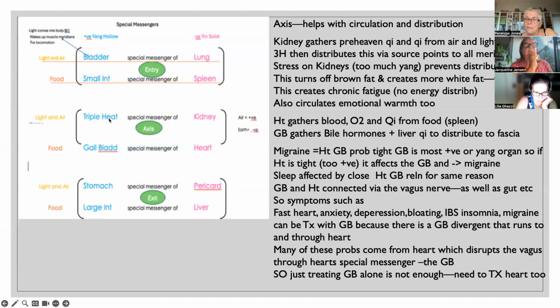Yes, that was the pain I felt. I felt really extreme pain in my shoulder, in the triple heater meridian, which is where the pain was. Because when the energy starts to move, it can be very painful.